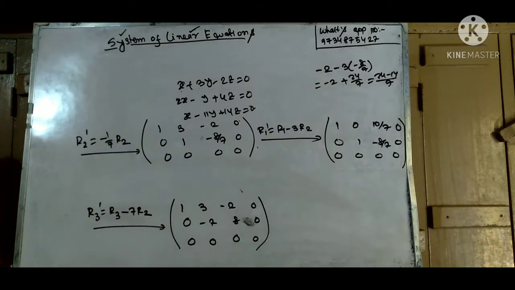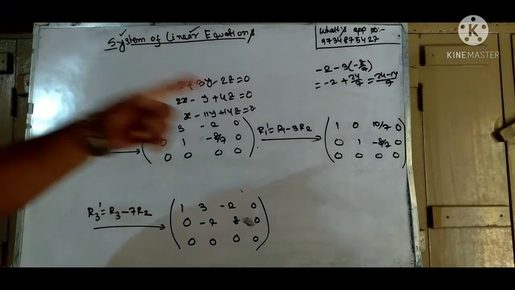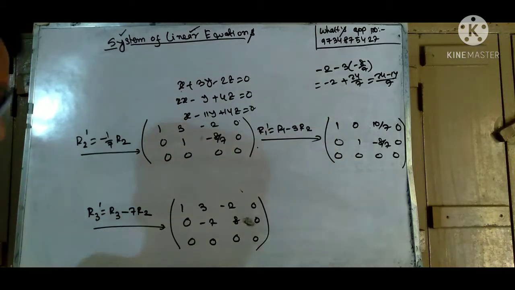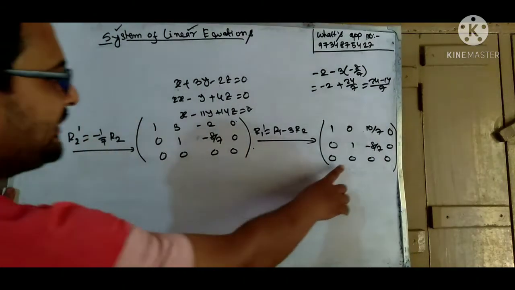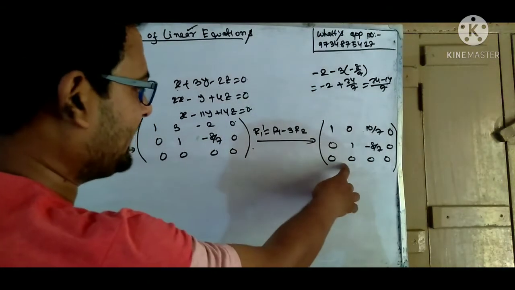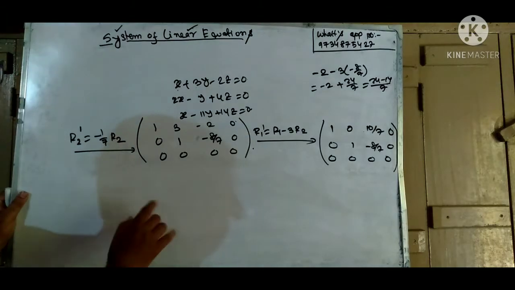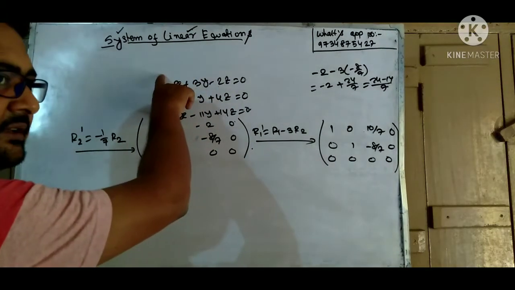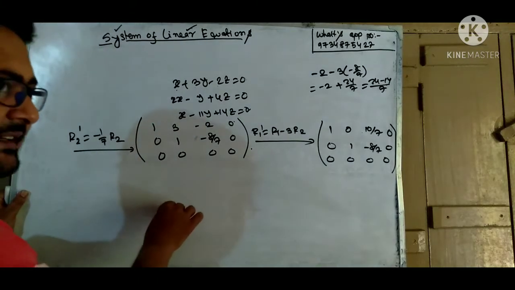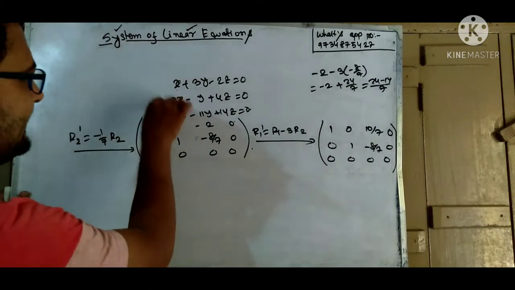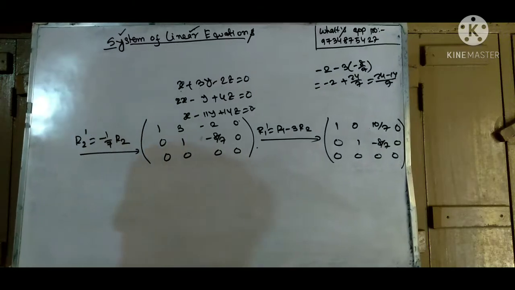This is the row echelon form of the given matrix. Therefore, this is the reduced form of the augmented matrix. From here we can write the reduced equation of the given equation. Okay. From here we can write the equation which is the reduced form of this system of linear equations.